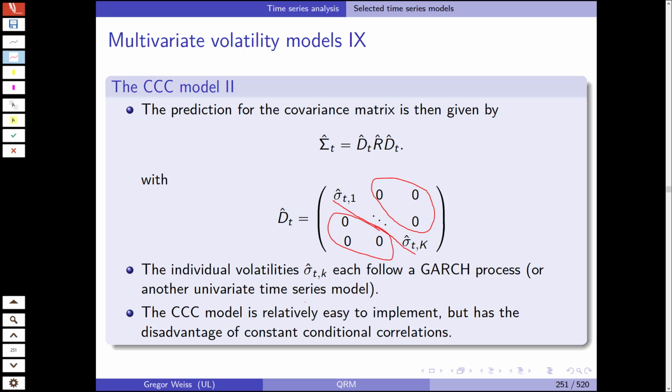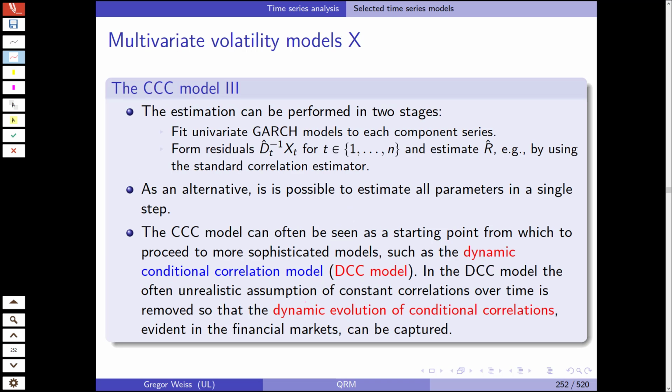And in real life, especially with empirical financial market data, obviously the true correlations in the population will change over time. So we need a model that also accounts for this. Later on, this is the DCC model, the dynamic conditional correlation model. It's an extension of the CCC model that also allows for more flexible and time-varying correlations.